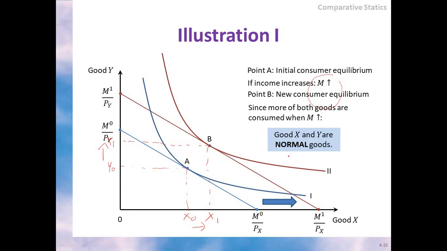What does it mean? X and Y are both normal goods, because as income rises, the quantity demanded for these goods rises. That is the characteristic of normal goods. So this is the case if both goods are normal.